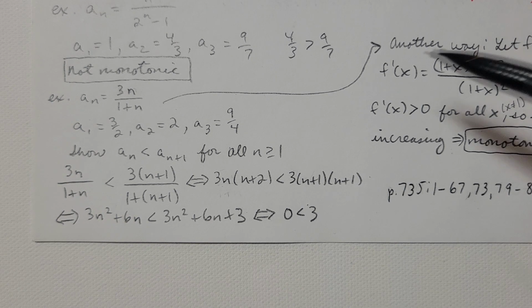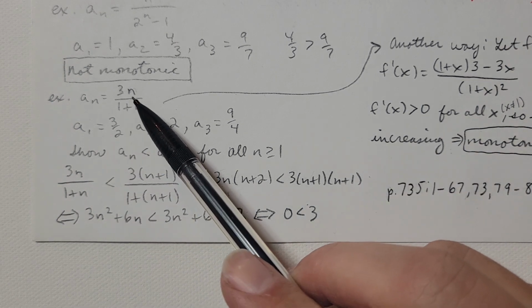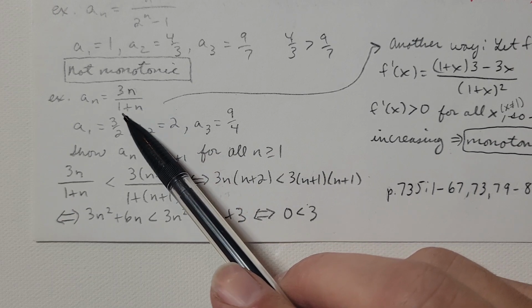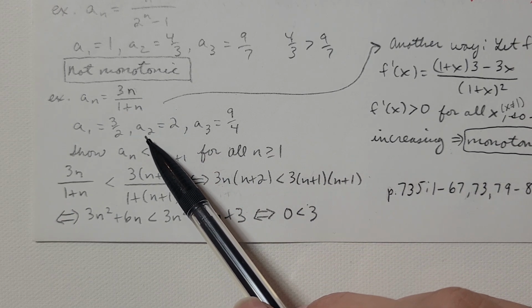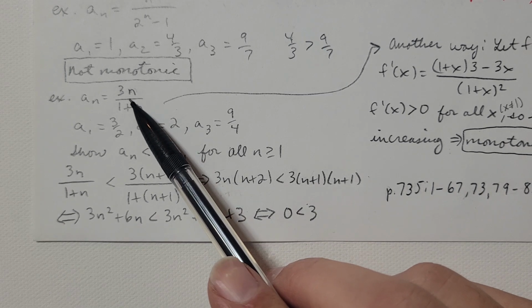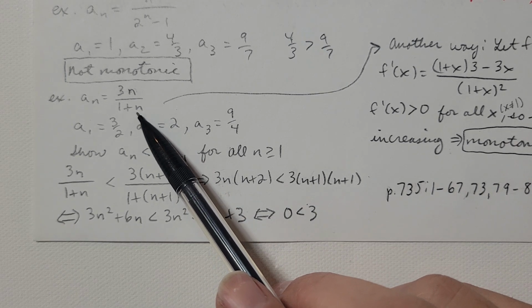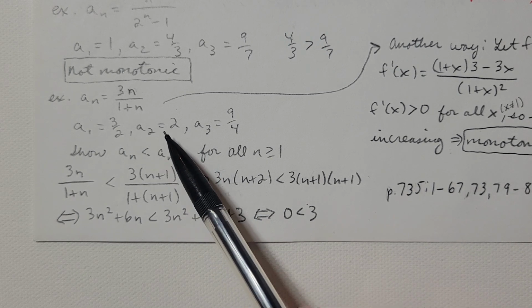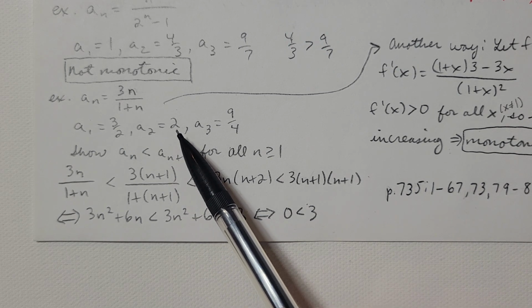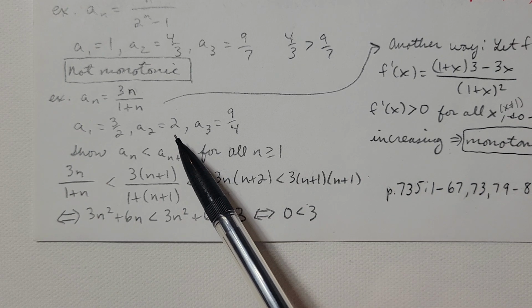So a sub 1 will be 3 times 1 is 3, divided by 2, that's 3/2. A sub 2 would be 3 times 2 is 6, divided by 3 is 2. So I think that the terms might be increasing if it's monotonic.